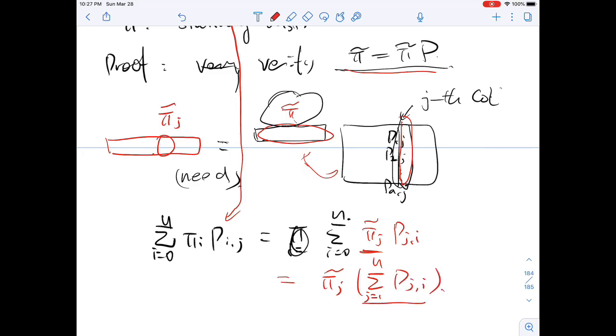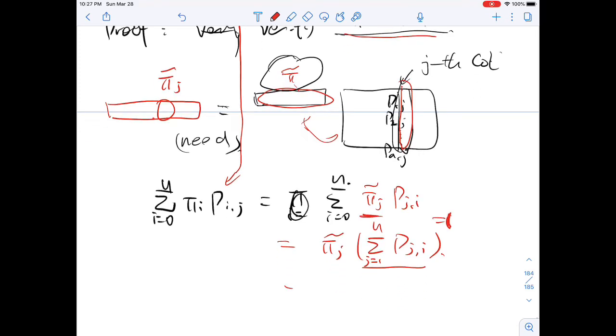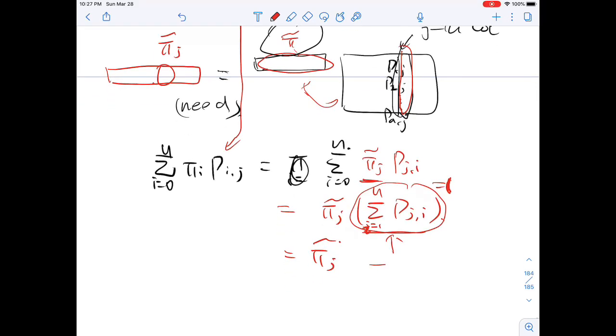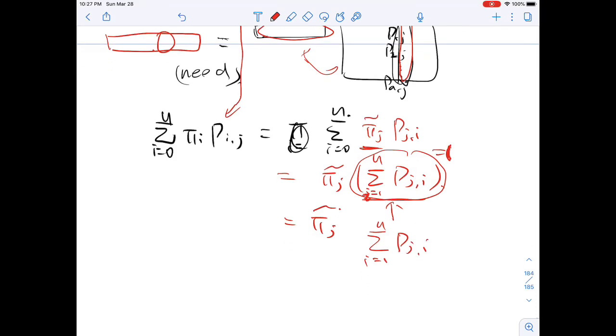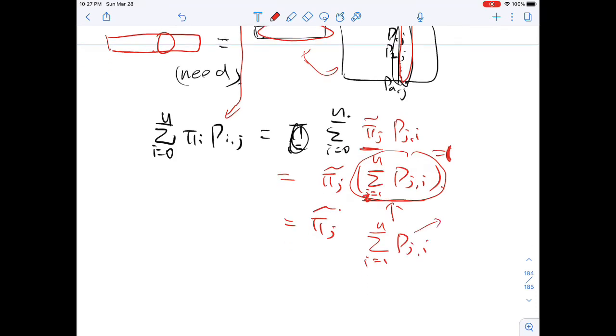And this part sums to 1, by definition. So at the end of the day, this is pi tilde j. That's a pretty straightforward thing. Let me make one additional remark: why is this equal to 1? The interpretation is that if I start in state j and sum over all possible outgoing states, then by the law of total probability, this is 1.